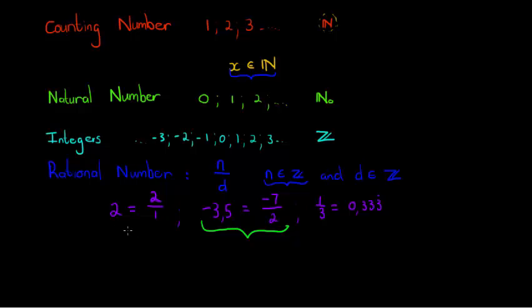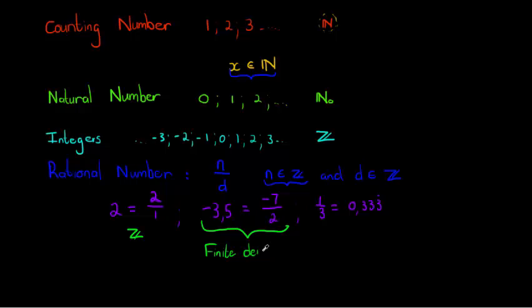I just want to show you here that all whole numbers, all integers, will be rational. And all finite decimal numbers will also be rational.